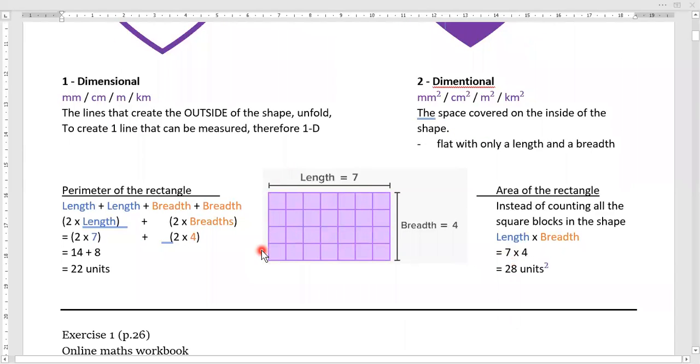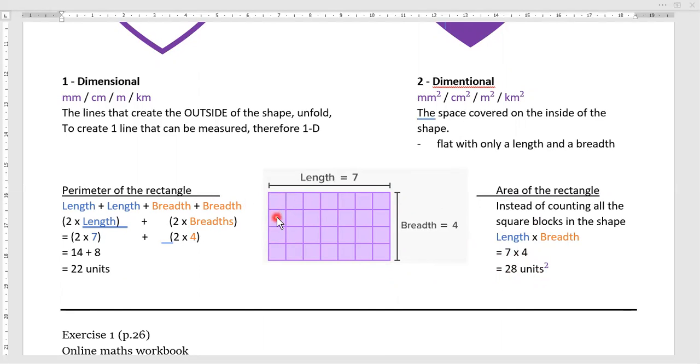Okay, so now we are actually going to check this answer. In a normal test, you don't have to, but I'm just showing you that that is why we multiply. It's just quicker instead of counting all those blocks.